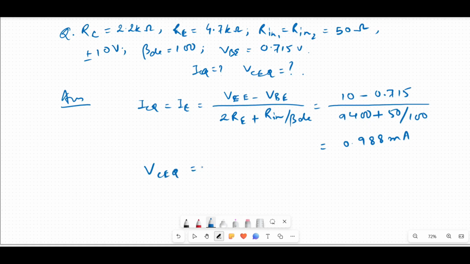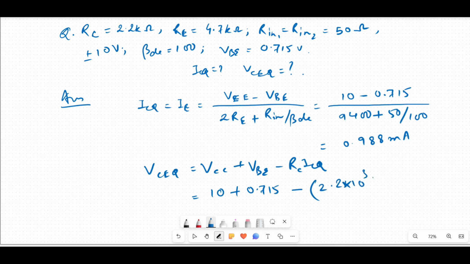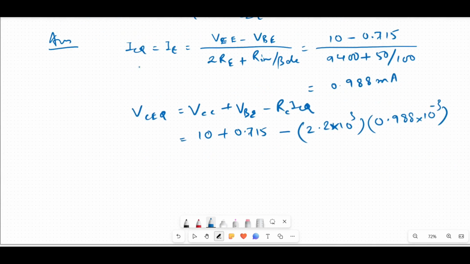Then let's determine VCEQ. So VCEQ is VCC plus VBE minus RC into ICQ. Here VCC is 10 plus VBE is 0.715 and minus RC, which is 2.2 kilo ohm, meaning 2.2 into 10 to the power 3, multiplied by ICQ, which we have got as 0.988 milliampere, so 10 to the power minus 3.